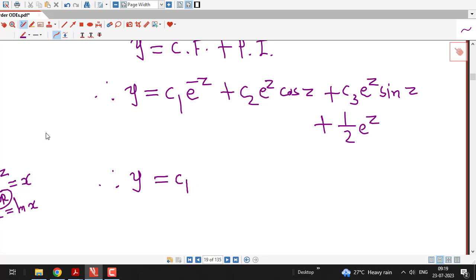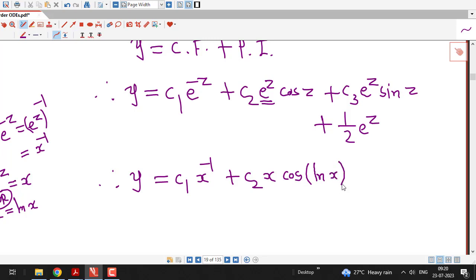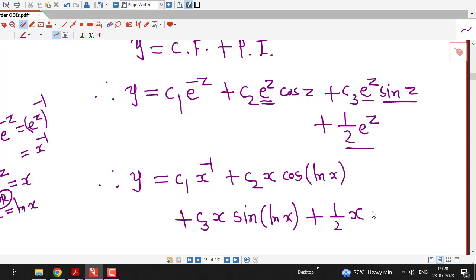For c1 into e raised to minus z, e raised to minus z can be written as e raised to z to the power minus 1, e raised to z is x, so I will have x to the power minus 1, plus c2 times, I will replace e raised to z by x, and cos of z, z is nothing but log x. Similarly c3 times e raised to z, e raised to z is replaced by x, and in sin z, z is replaced by log x, plus 1 by 2 into e raised to z, that is x.